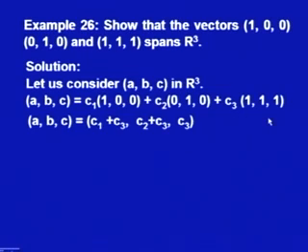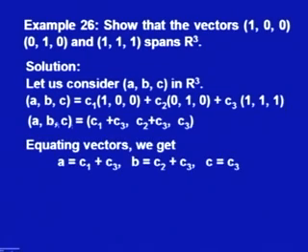Let us simplify it. This comes out to be c1 plus c3 as the first component, the second component is c2 plus c3, and the third component is simply c3. Equating the right-hand side and left-hand side, we get c equal to c3, the last component, then b is equal to c2 plus c3, and a is equal to c1 plus c3.